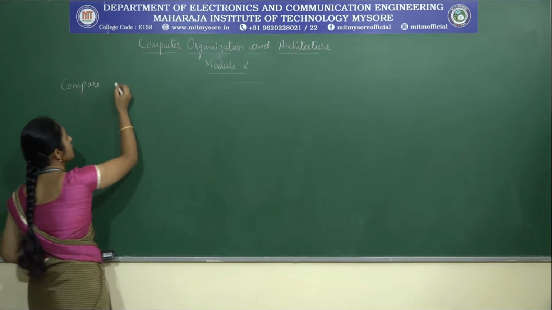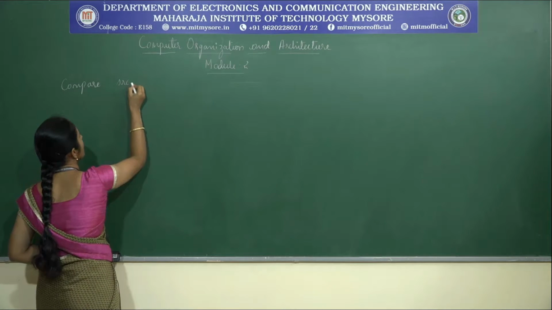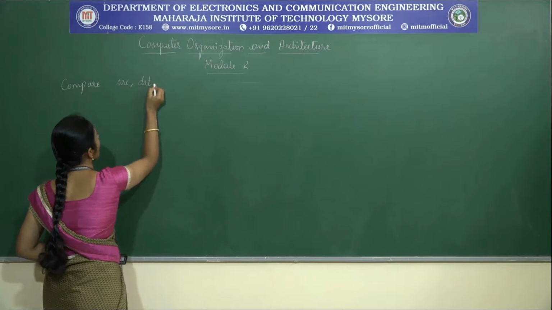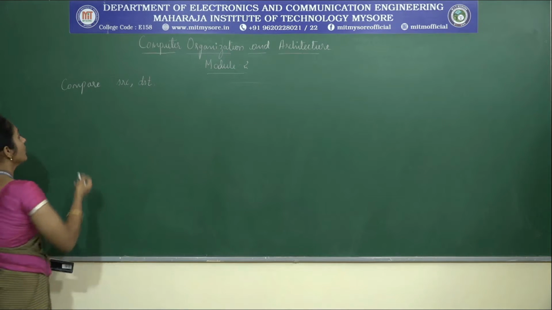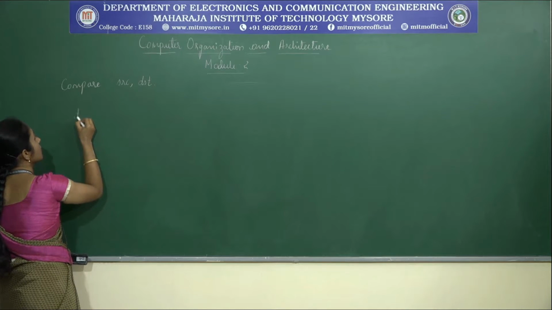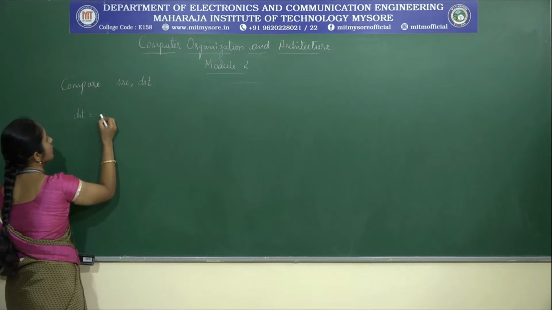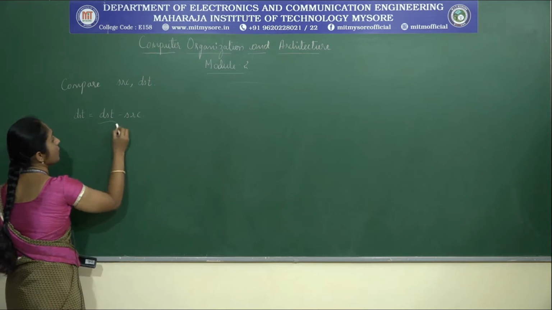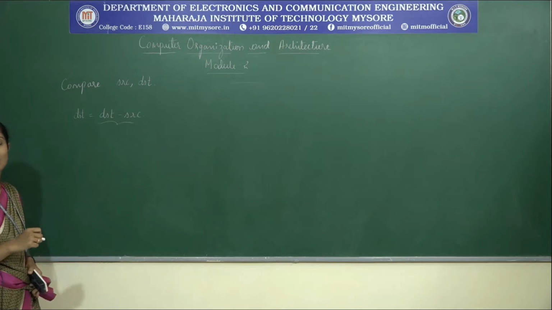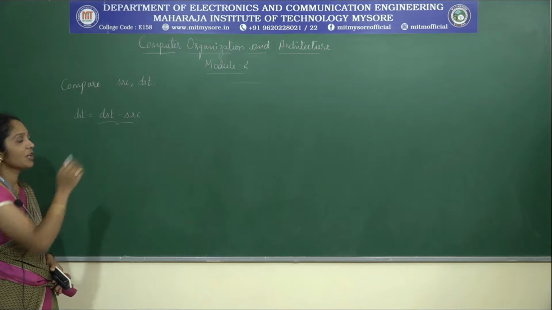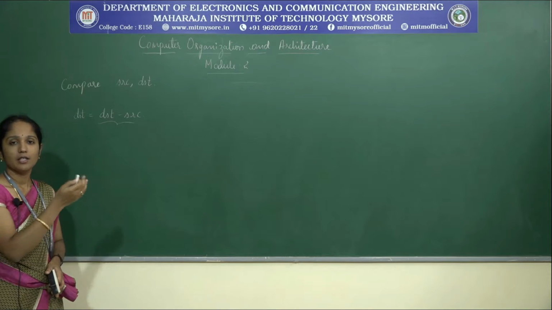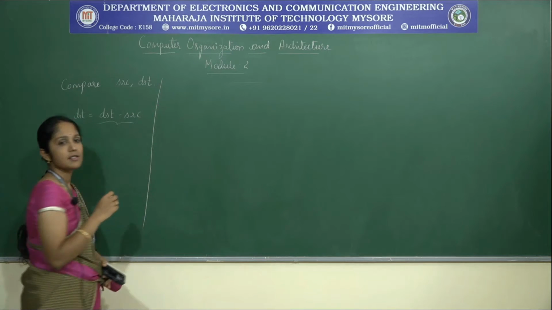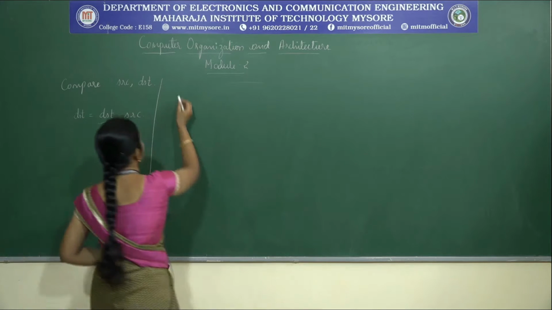If you consider this, we have compare, the general format being compare source, destination. How this works is, it subtracts the source from the destination and the subtraction result is moved into the destination. Now we will be using this while writing the code segment for the error-free push and pop operations. Now let me consider the code segment.